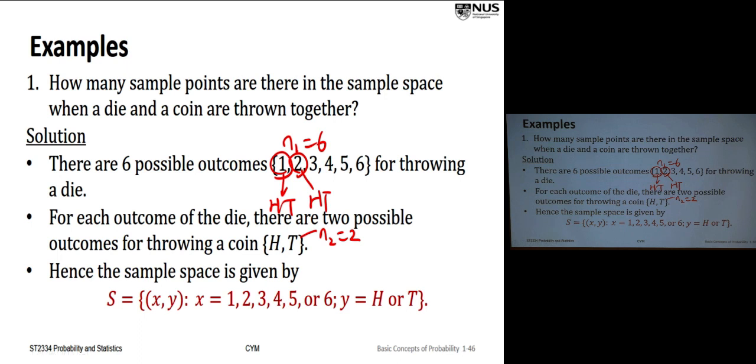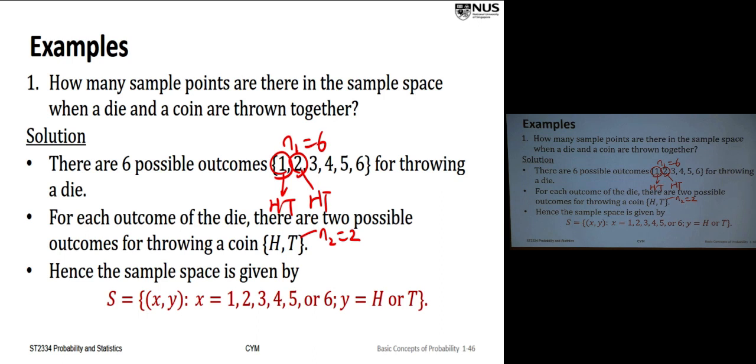So basically multiplication is just a way to do addition. It simply means that we try to add 6 numbers, each of them 2. If the die has outcome 1, then we have head and tail for the coin. Similarly, for the die having outcome 2, we also have 2 possible outcomes for the coin, head and tail.